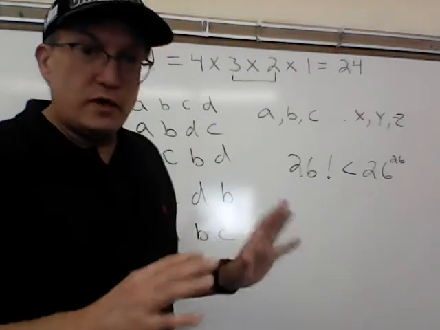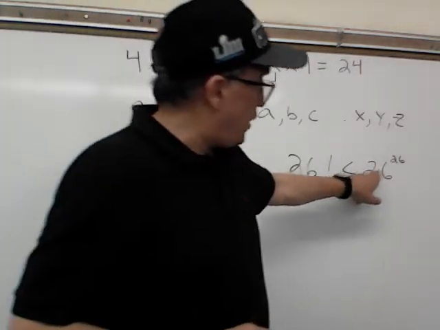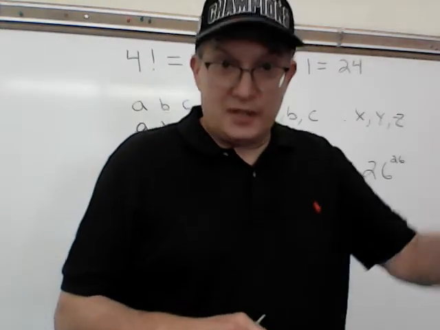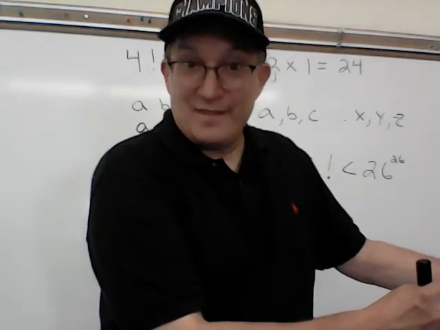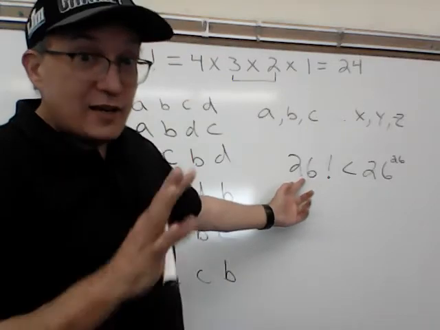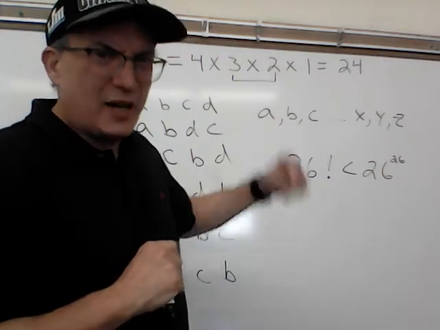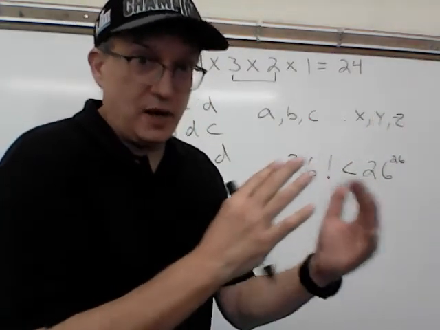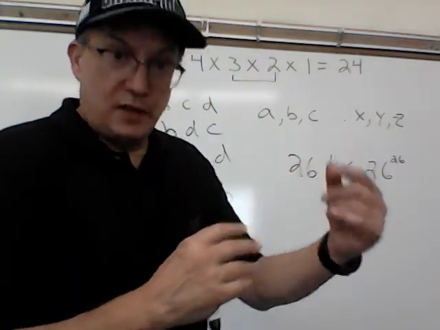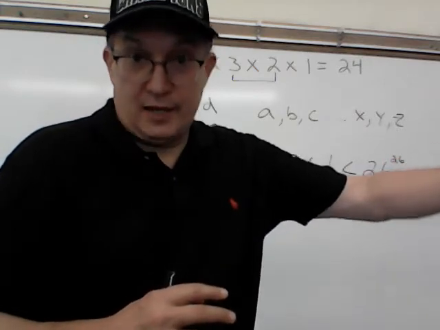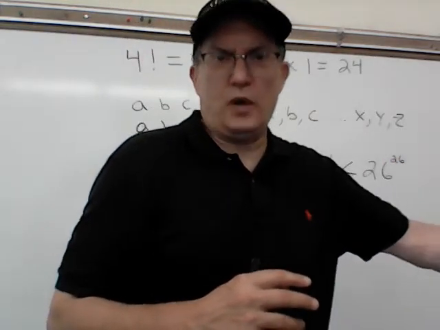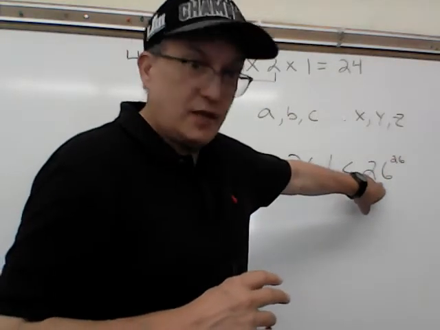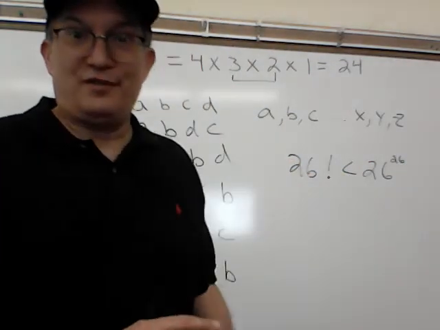You know what all this symbolism means. 26 to the 26th power means 26 times 26 times 26, 26 times, okay? This is not in that neighborhood, really, because this is 26 times 25 times 24. At the beginning part there, it's maybe kind of close. But then, of course, you get down to times 4, times 3, times 2, times 1. So this is significantly different. This is significantly less than that, but they're both huge.